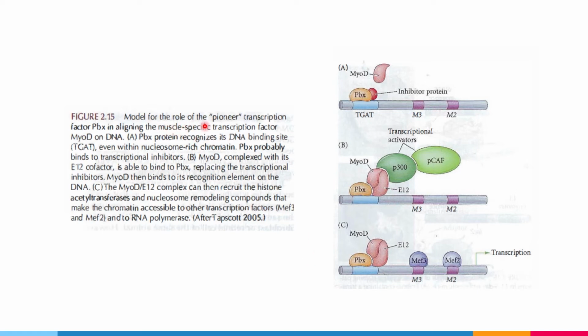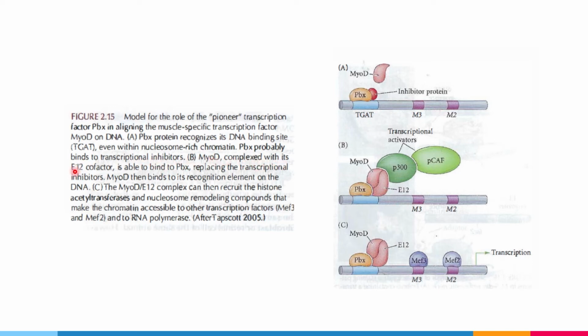So here we have an example. Model for the role of pioneer transcription factor PBX in aligning muscle specific transcription factor MyoD on DNA. What PBX does is it recognizes its DNA binding site even within nucleosome rich chromatin, that is heterochromatin or silent chromatin, where ordinarily transcription does not occur. PBX probably binds to the transcription factors.